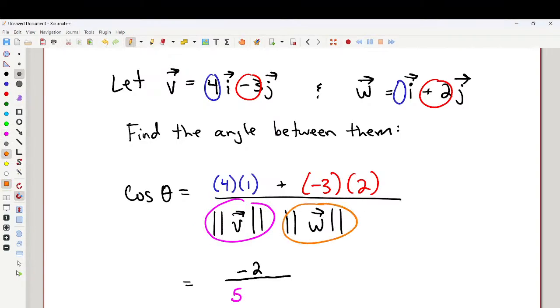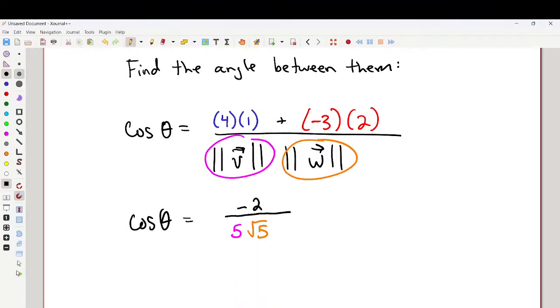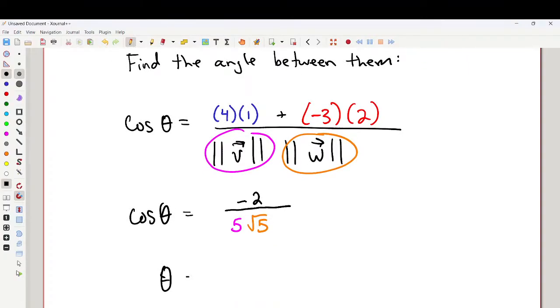And 1 squared plus 2 squared is 5. Cosine theta is negative 2 divided by 5 root 5. Therefore, theta is arc cosine of negative 2 over 5 root 5.